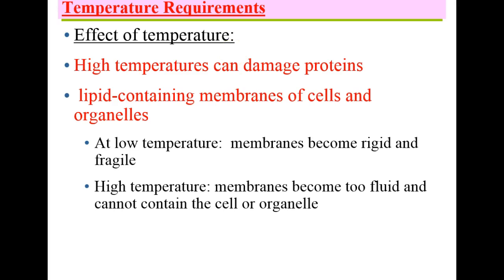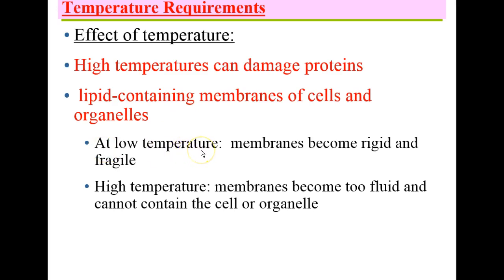Remember that cells are made of macromolecules: proteins, carbohydrates, lipids, and nucleic acids. Out of those four categories of macromolecules, proteins are probably the most sensitive to environmental conditions. Remember that proteins can be denatured by high temperatures. So high temperatures damage proteins. Lipids can also be damaged by extreme temperatures.